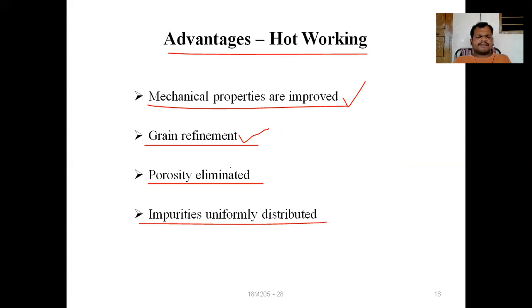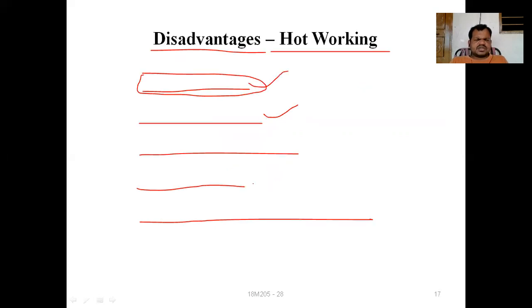Grain refinement, porosity eliminated, and impurities uniformly distributed. So the main advantages are that mechanical properties are improved due to the hot working process, with grain refinement, porosity eliminated, and impurities uniformly distributed.